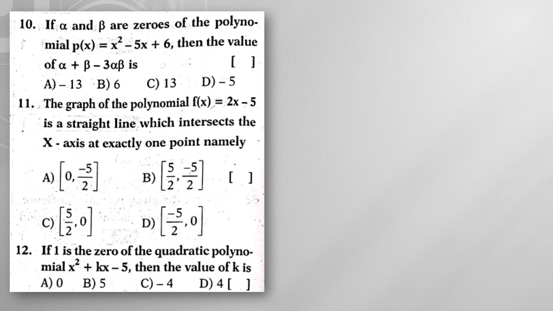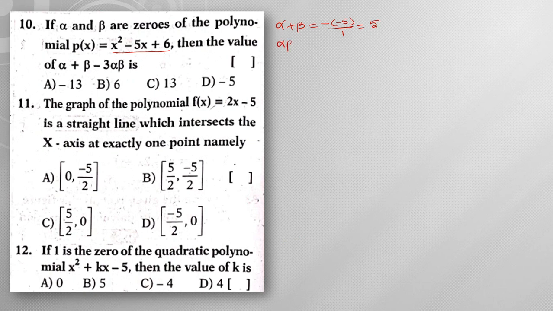Next, moving on to question number 10. If alpha comma beta are the zeros of the polynomial x square minus 5x plus 6, since this is a quadratic polynomial, the sum of zeros is given by minus x coefficient by x square coefficient, that is minus of minus 5 by 1, which gives me 5.